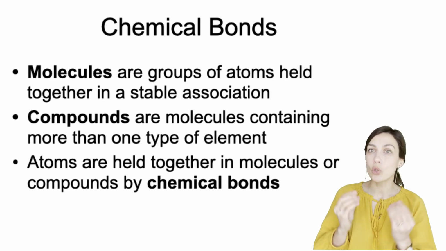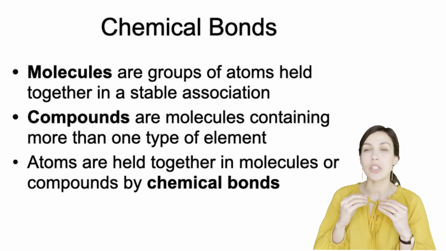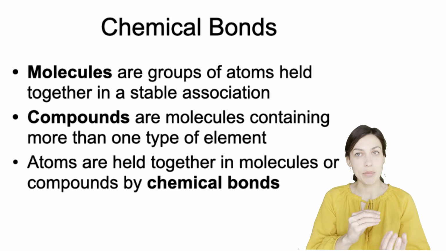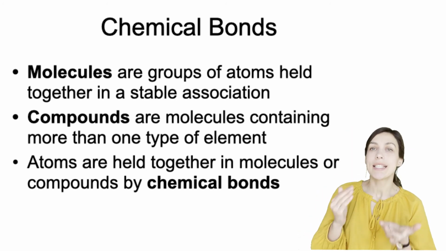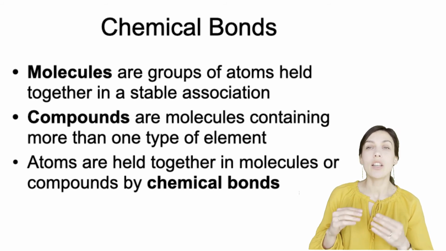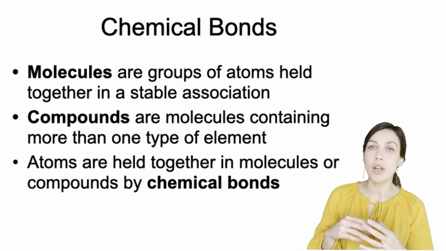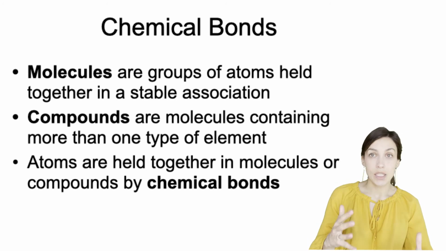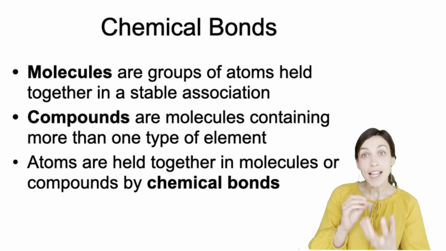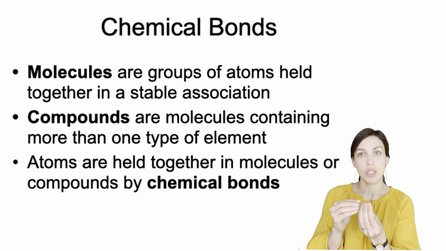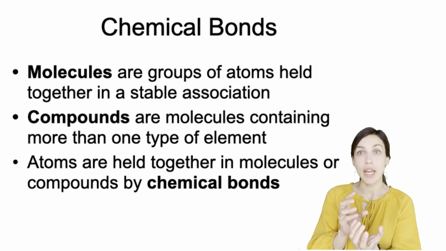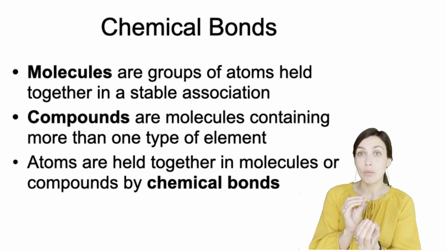Molecules are groups of atoms that are held together in somewhat stable associations. Compounds are a specific subtype of molecules that are made up of more than one element. And atoms are held together in these molecules, in these stable associations, by chemical bonds.